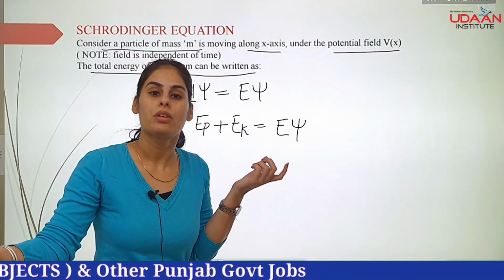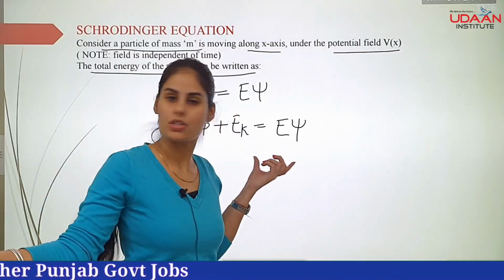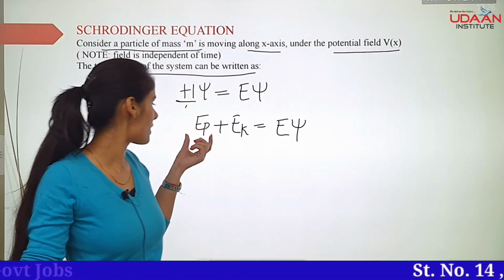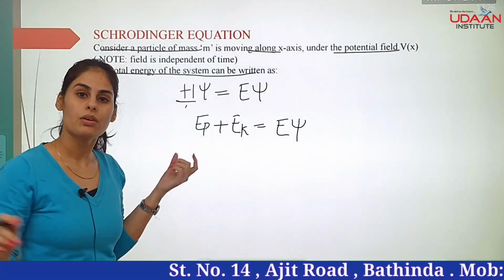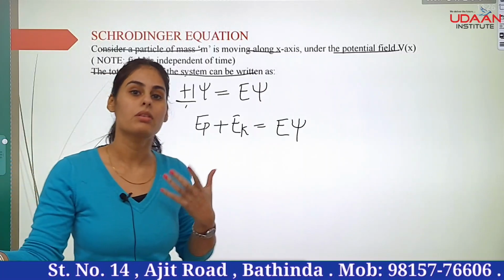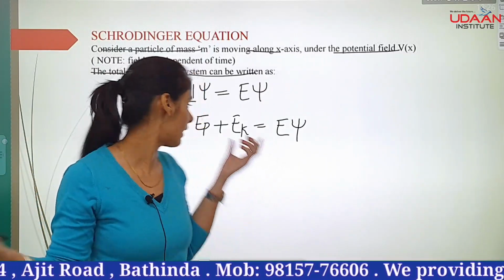We are going to derive the Schrodinger equation from these two values, as we discussed in yesterday's lecture, the potential energy and kinetic energy.